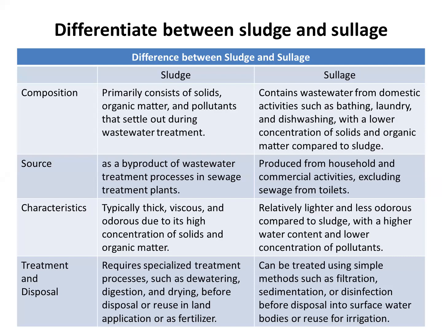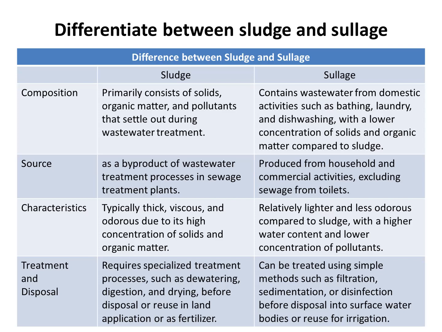The source of sludge is a byproduct of the wastewater treatment process in sewage treatment plants, and sewage is produced by household and commercial activities, excluding sewage from toilets.